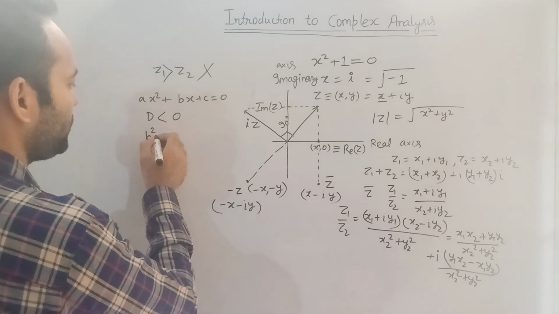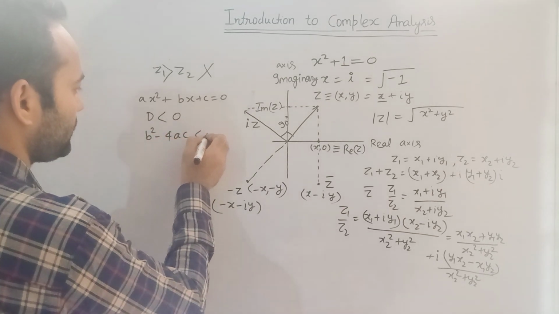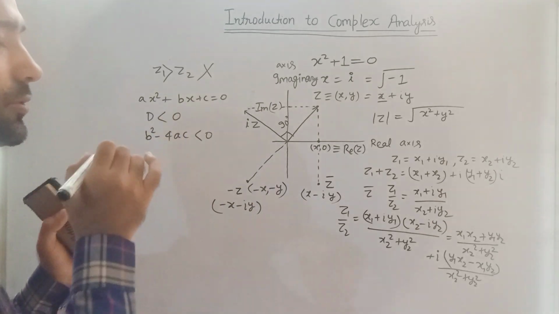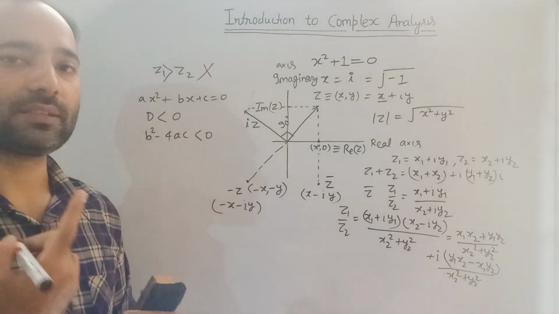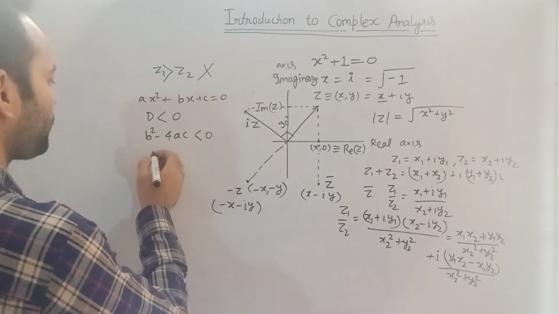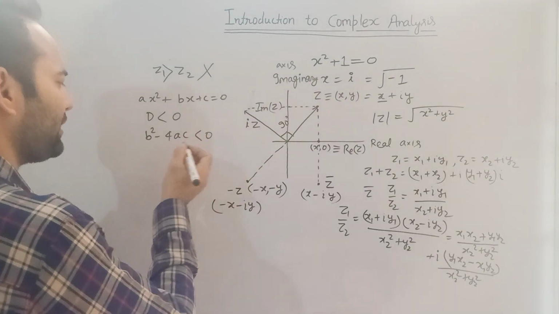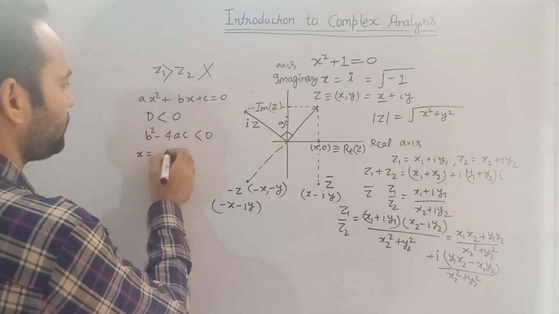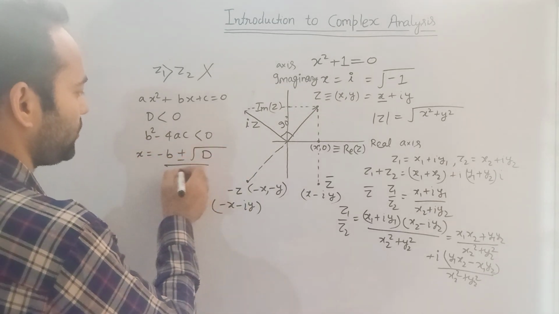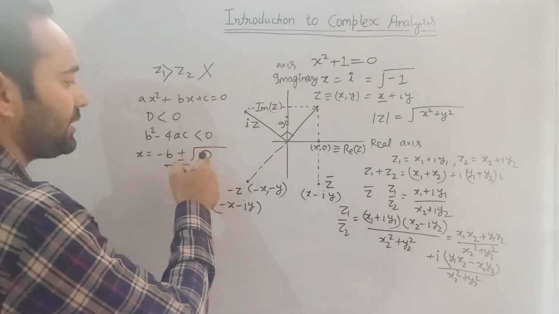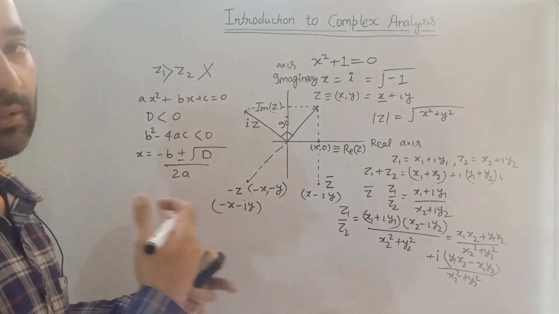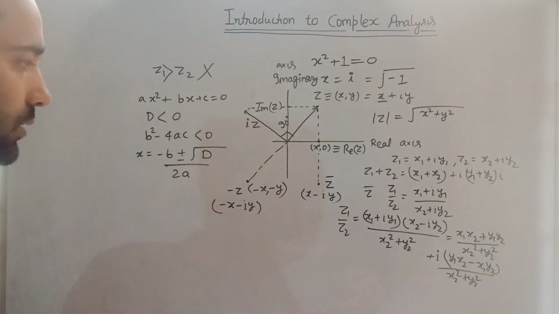And what is d? b square minus 4ac less than 0. Okay, so when the roots are complex, a single root cannot exist, so there are going to be complex conjugate roots. Okay, and what would that be? You can easily find out, right? x equal to minus b plus minus root of this d upon 2a. So since d is negative, there is going to be an i, so there would be one with plus i and one just the complex conjugate of that. Alright.